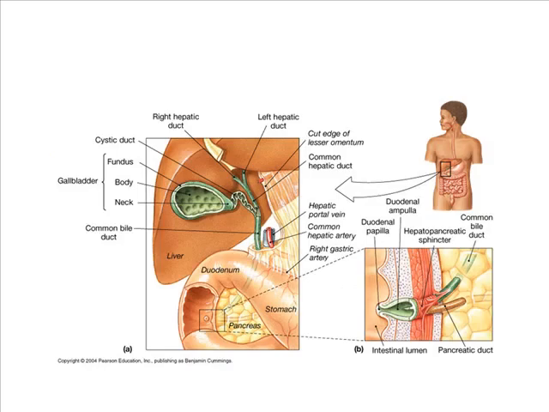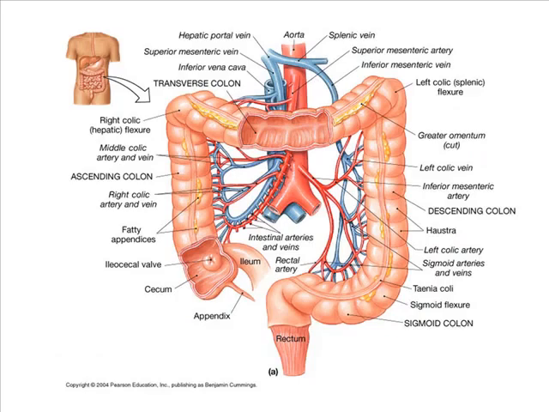It's another picture that shows you the hepatic duct, the cystic duct, and how it forms the common bile duct. Portions of the gallbladder: the fundus, the body, and the neck. I think you got about 3 questions, maybe 4, off this picture.